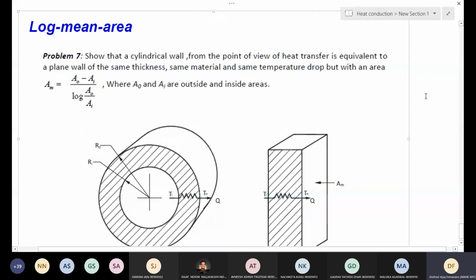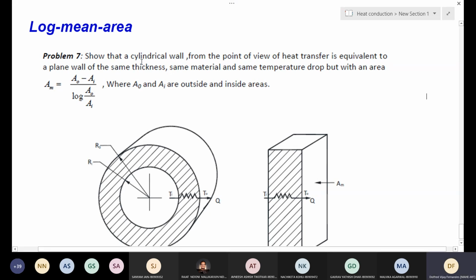Okay. So what it says, log mean area is nothing but the area of the planar wall equivalent to a cylindrical wall. In simple words, log mean area is the area of the planar wall which transfers heat equivalent to the cylindrical wall.